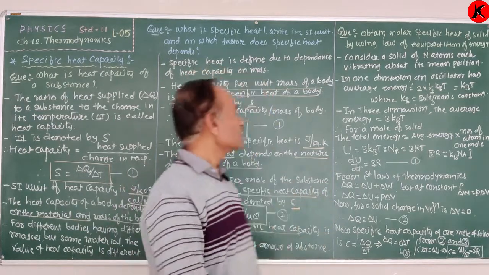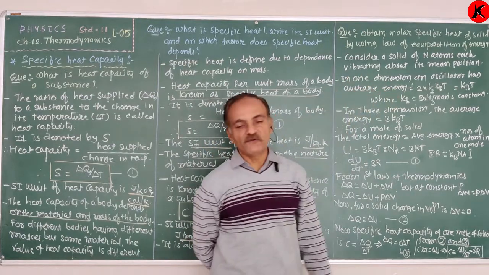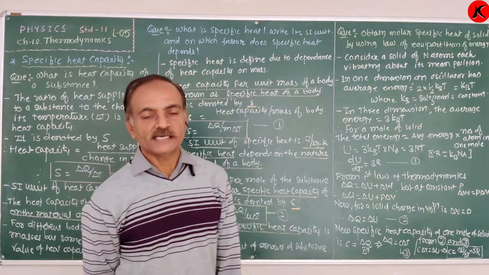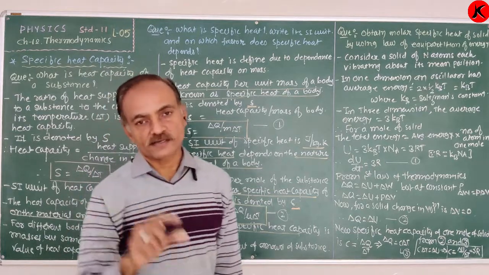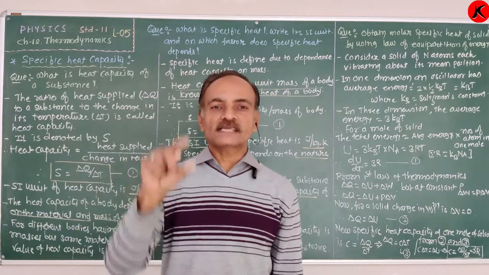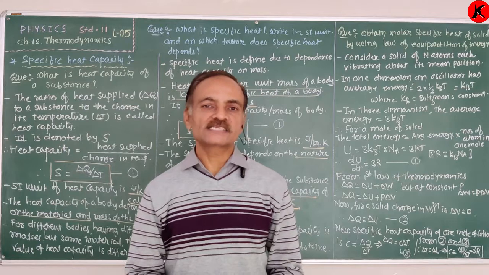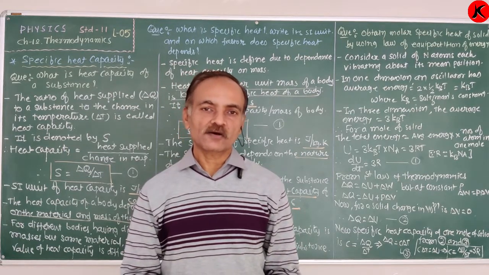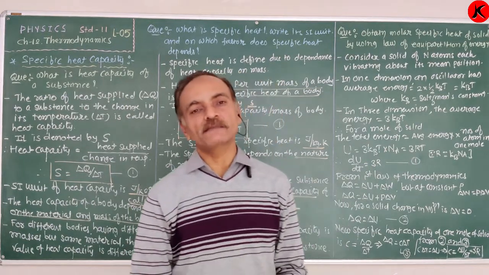The atoms of the solid only perform vibrational motion, so there are two possibilities, either horizontal or vertical. So two independent motions are possible, and according to the law of equipartition of energy, the energy associated with each independent motion is half kBT.